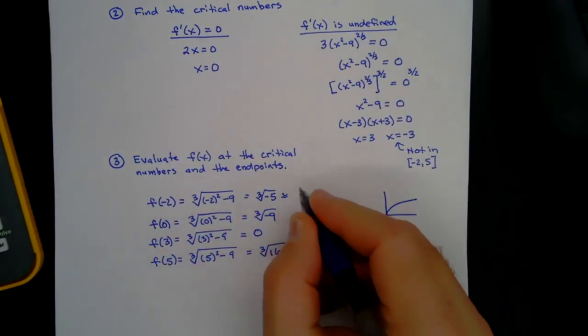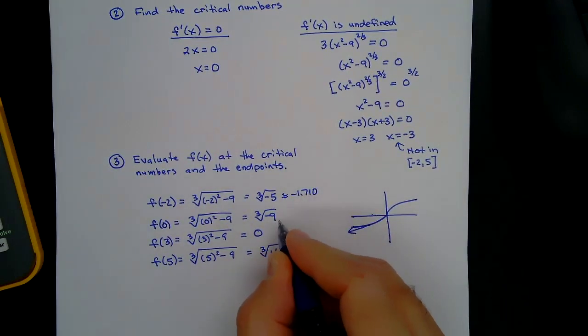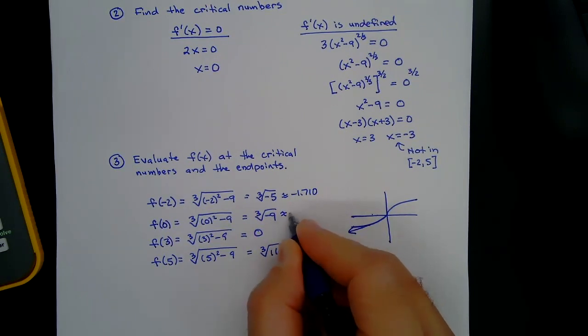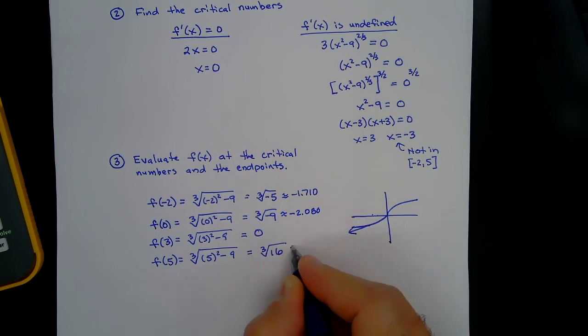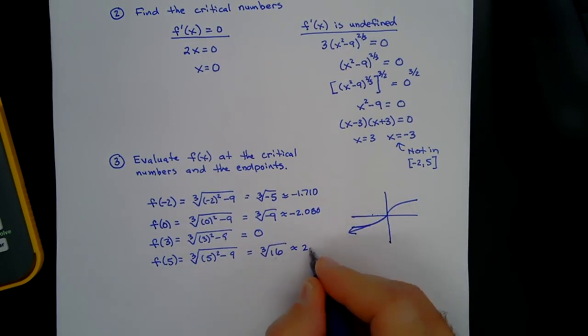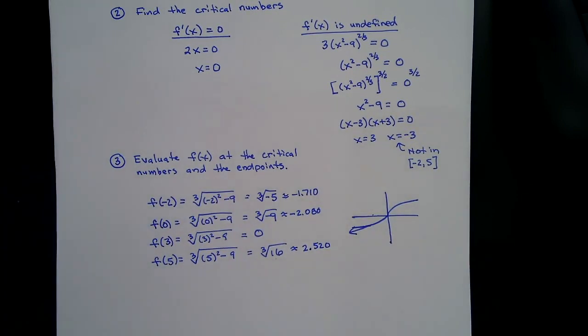So putting this one into your calculator would be -2.080. This one's definitely 0. And then this one's going to be our biggest one, right? But as a decimal, it's 2.520, putting it into our calculators, okay?